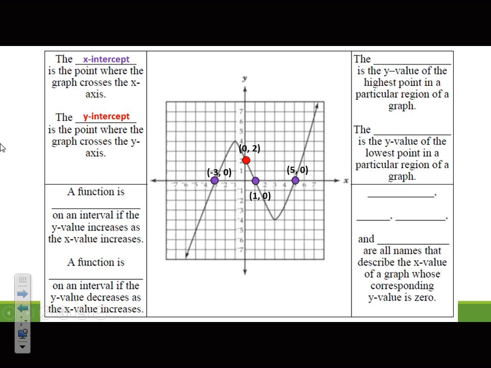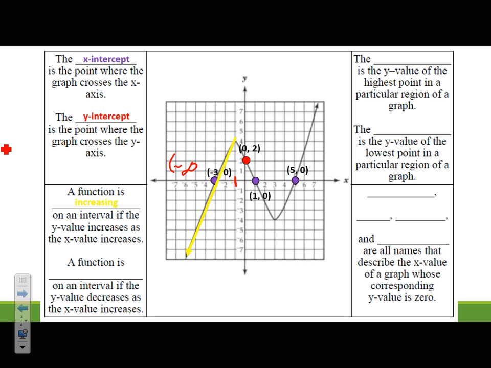Now we're going to talk about a function is increasing on an interval if the y value increases as the x value increases. So here we have 2. We have 1 from there to there. And now I'm going to write the intervals here. For this, it's increasing from -infinity, and we go all the way to our x value.